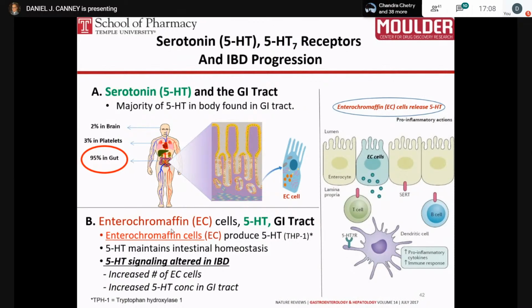And they've shown that there's increased numbers of enterochromaffin cells and therefore an increased concentration of serotonin in the GI tract of patients that have Crohn's disease and ulcerative colitis.